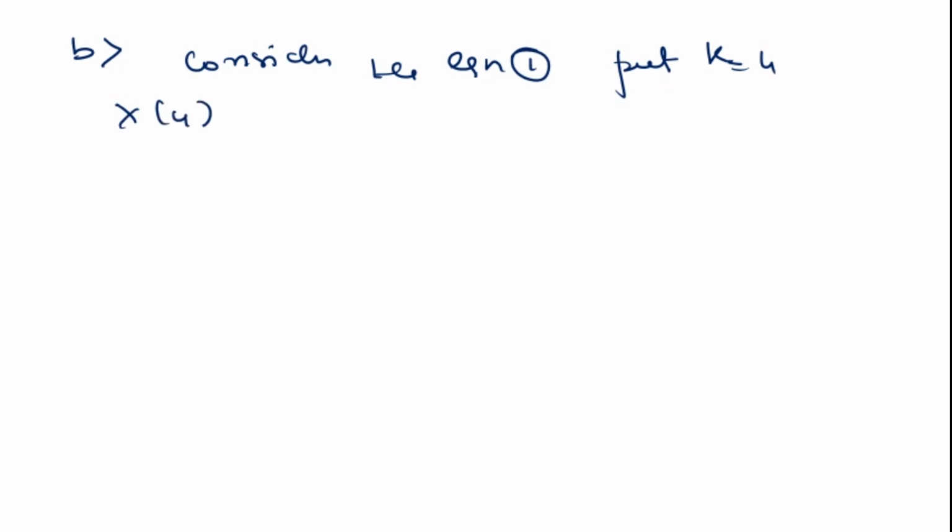Second one, consider equation number 1 and put k is equal to 4. Then X of 4 is equal to summation n is equal to 0 to 7 x of n e power minus j 8 pi n by 8.